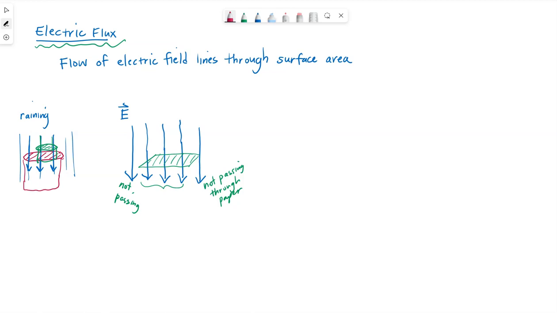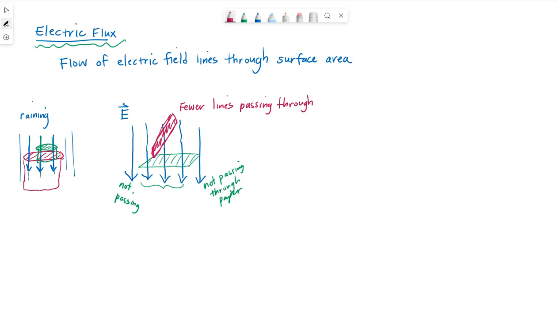I take my rectangle, my paper, and I rotate it. So now it's at this steep angle. Its surface area hasn't changed, but now there are fewer lines passing through. And that's just simply because of the orientation of this paper.